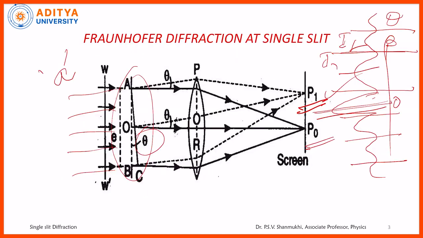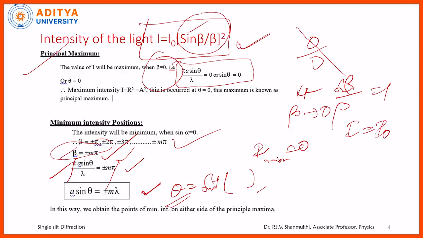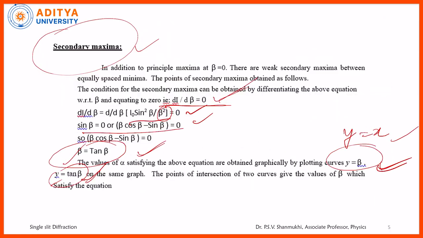When light passes through a slit whose width d is comparable to the wavelength of light, there exists diffraction, meaning bending of light. So on the screen we find alternate maxima and minima. This is the intensity distribution graph that we have seen mathematically.